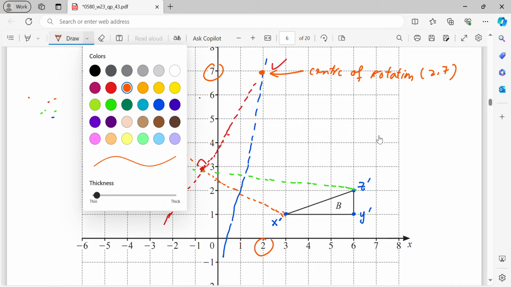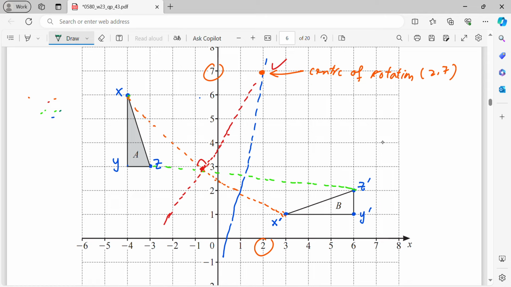Okay, and now for the degrees, what to do? You just join this X to the center, and then you check where your X prime is. Your X prime is over here. So you can just check, this is basically 90 degrees.